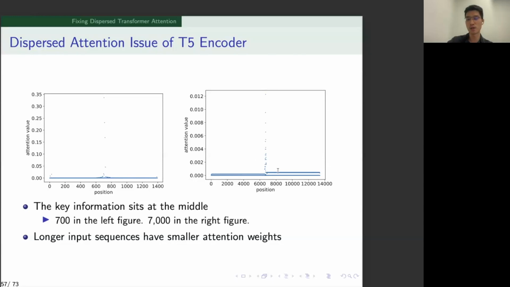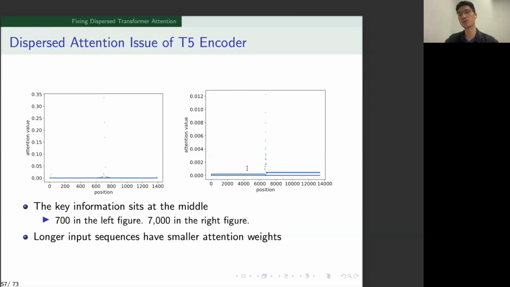And if we extrapolate to 14K or 40K token sequences, the largest attention value will decrease dramatically from 0.35 to 0.012. So this is another mismatch here, the training and extrapolation mismatch.